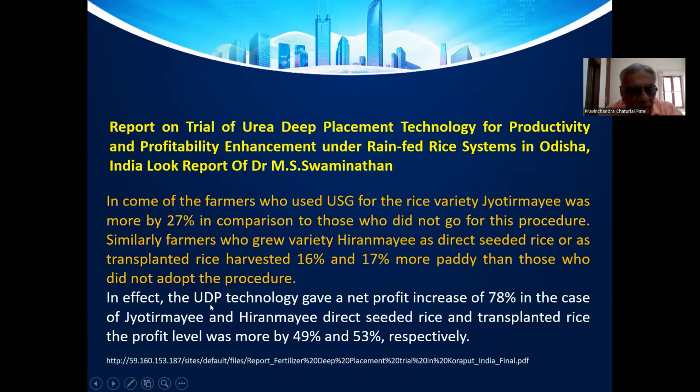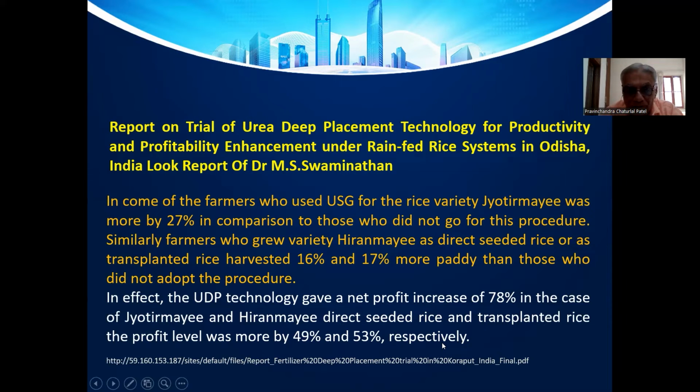In effect, the UDP technology gave a net profit increase of 78% in the case of Jyotirmai and Hiranmai direct seeded rice. In transplanted rice, the profit was more by 49% and 53% respectively.